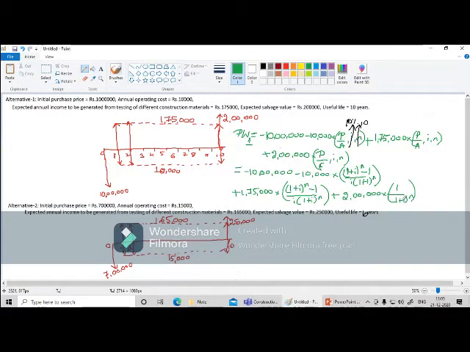Now the value of I is again 0.1 and the value of n is 10. Why is n 10? This 2 lakh is present at the end of the 10th year.